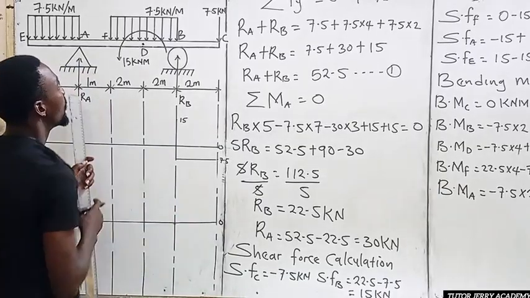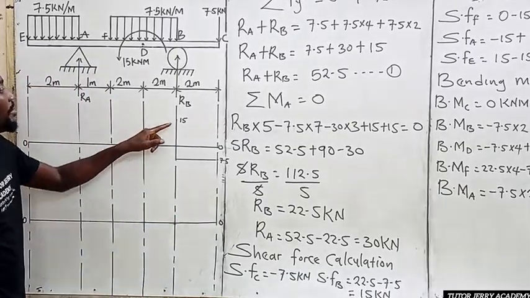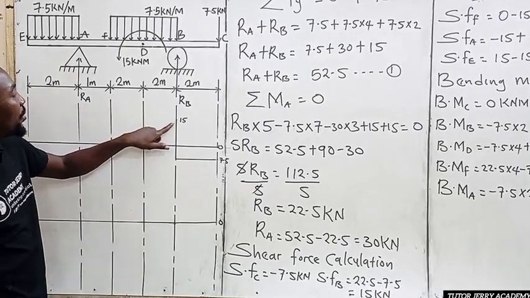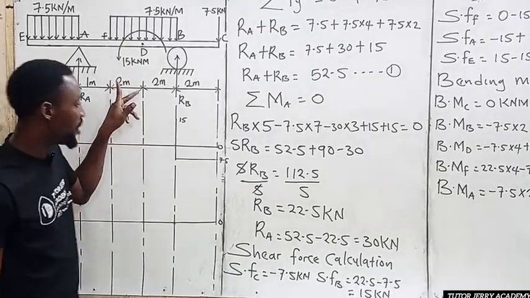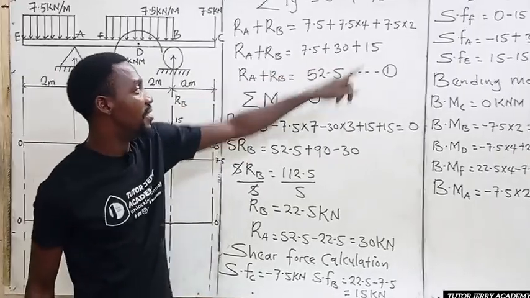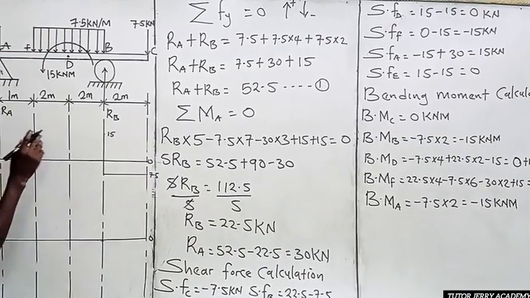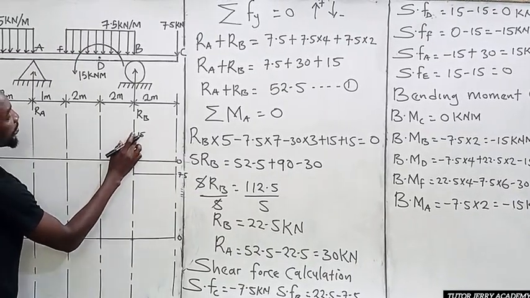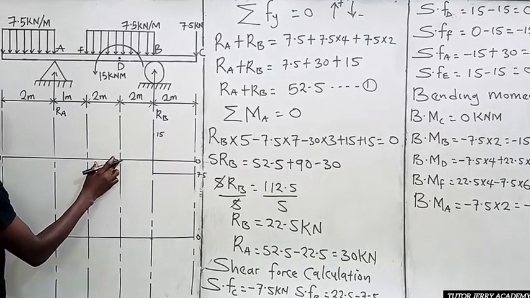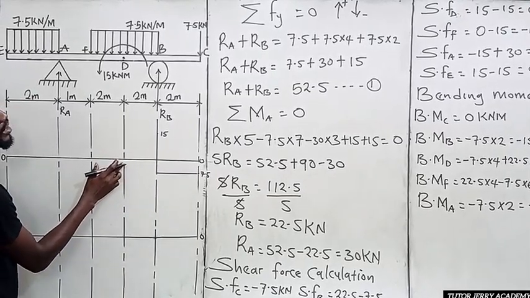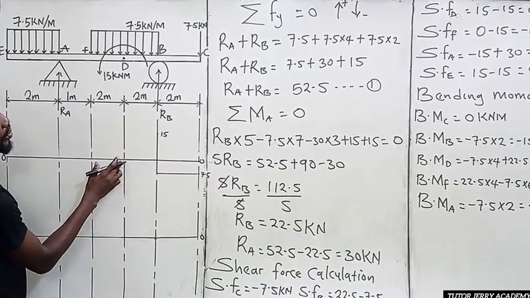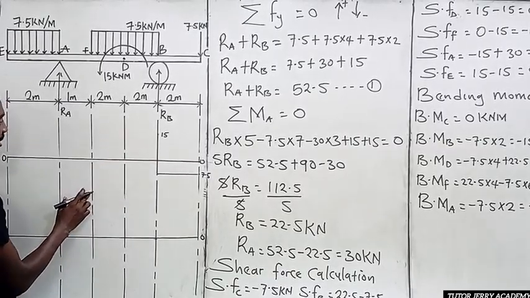Now, between B and D, the shear force at D is 0. So our shear force moves from this point to 0. And from point D to F, we have negative 15, so it moved to negative 15.